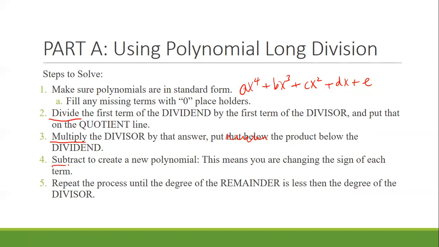Okay, then we subtract to create a new polynomial. And when you're subtracting, remember this means you're changing the sign of each term. And I forgot to write the word bring down. I apologize.